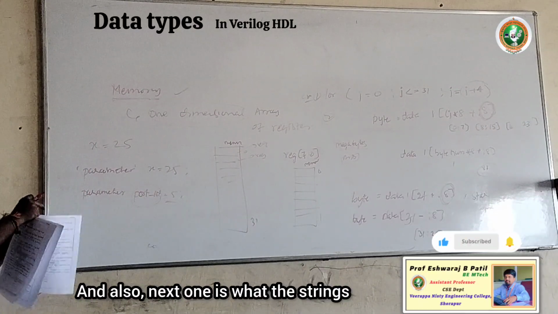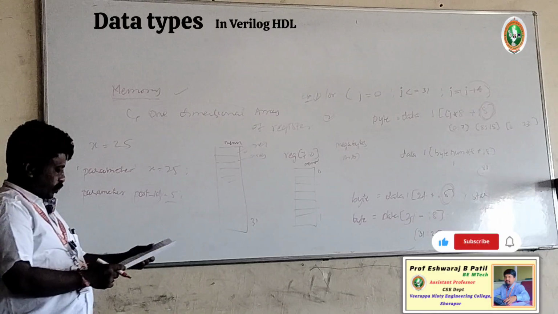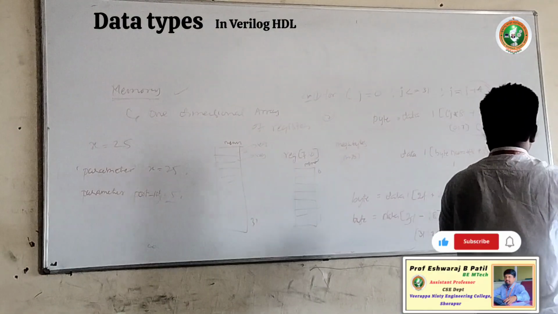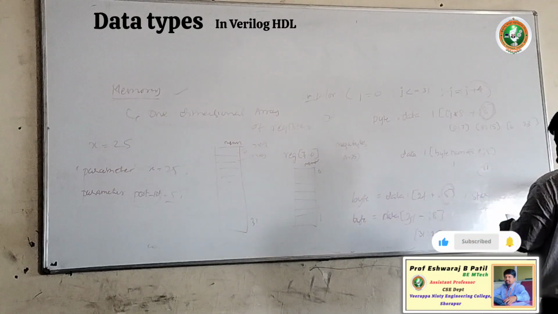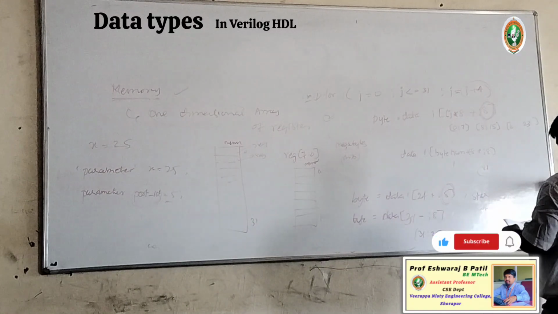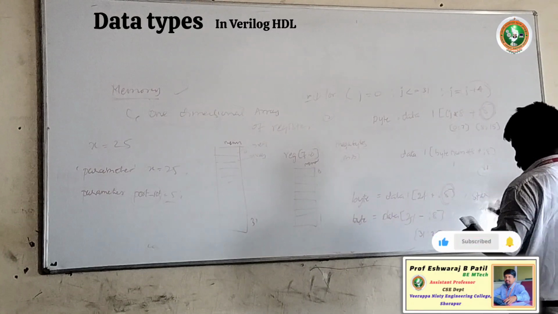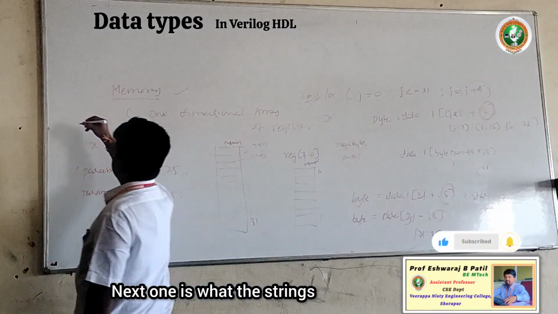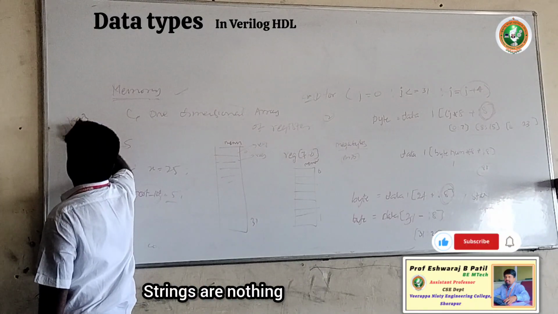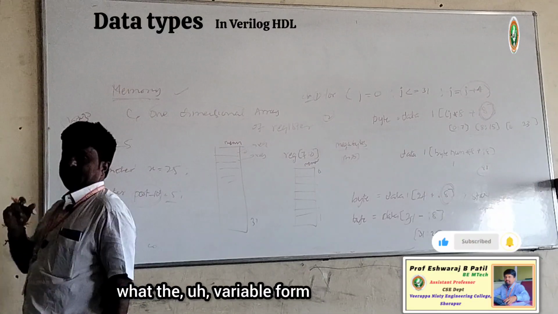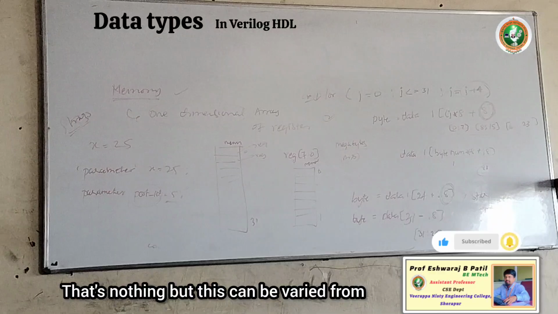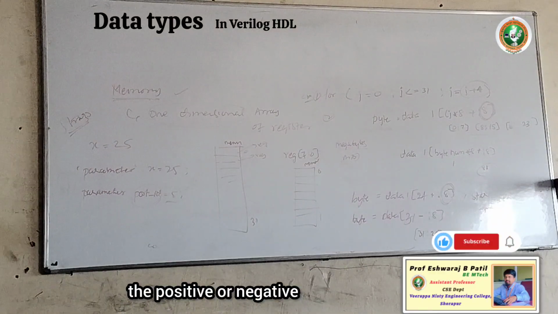And also next one is the strings. Strings are nothing but the variable form. Each and every string has its own value. This can be varied, positive or negative.